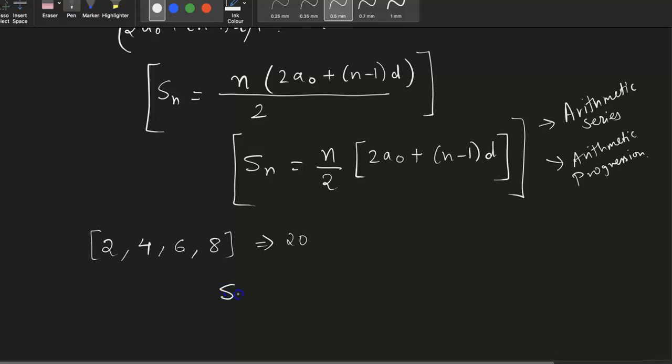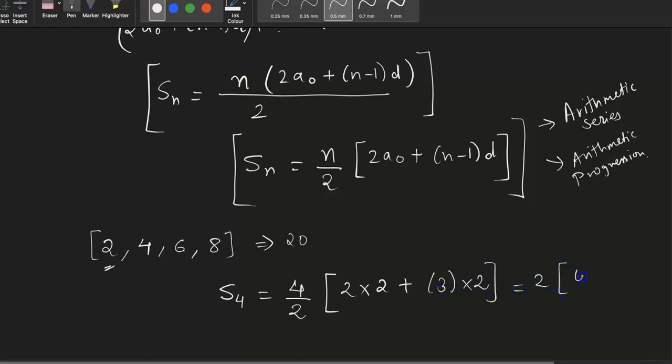The sum of these first four terms, these are the four terms here, is 4 by 2 times (2 times a0, where a0 is 2 in this case, 2 plus (n minus 1), that is 3, into the common difference, which is 2). This is going to be 2 times (4 plus 6), which is 20. Yes, in fact, this formula is correct. So that is good.